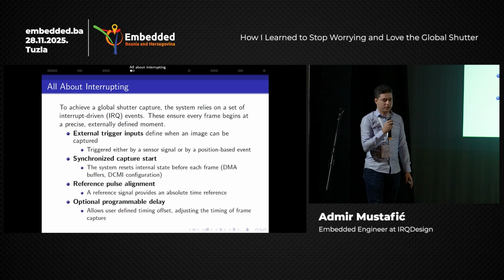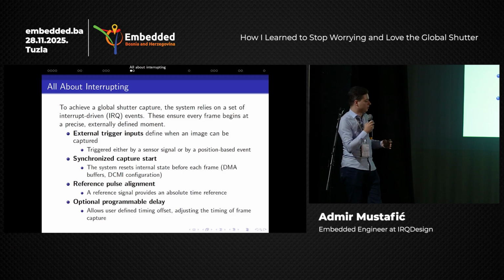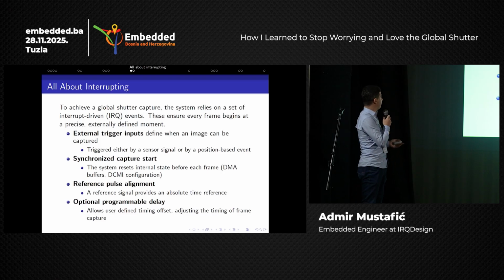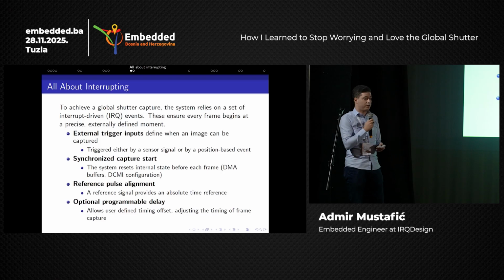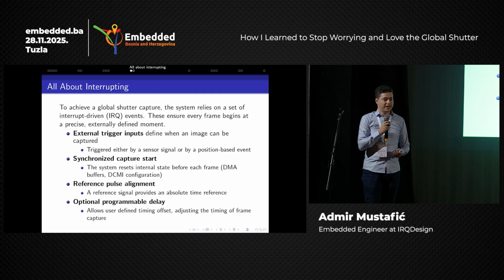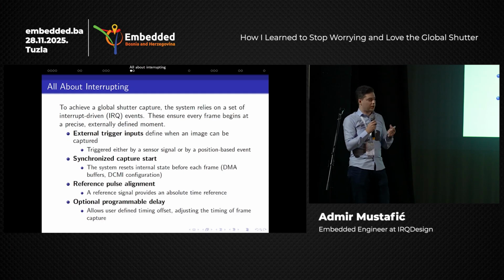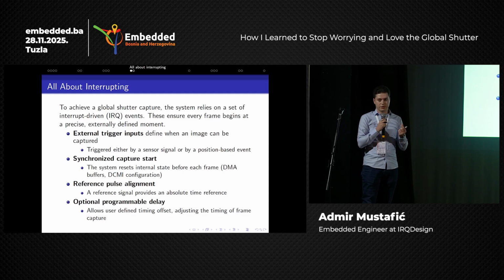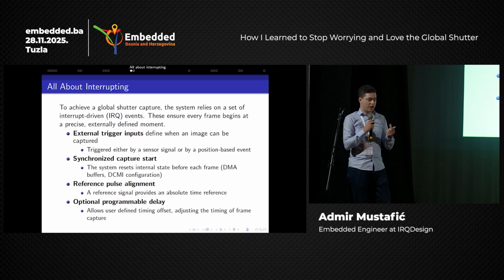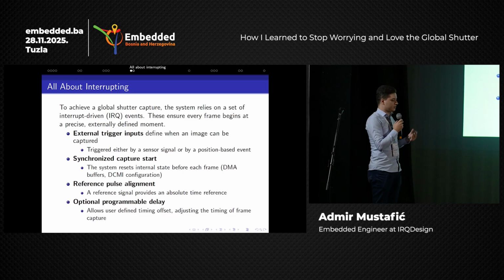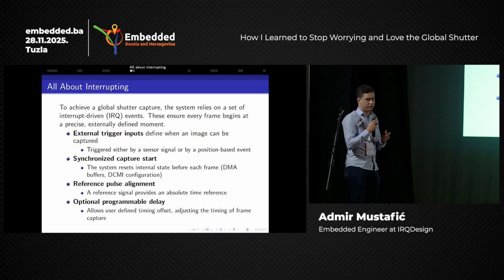In order to achieve this, we need to have a chain of interrupt-driven events to ensure that every frame begins at the exact same time. Even if we have a small difference in time, the timing variation will have the skewing or blurring effect. So we will not, in the end, have the global shutter.